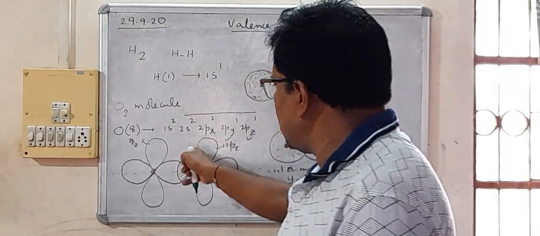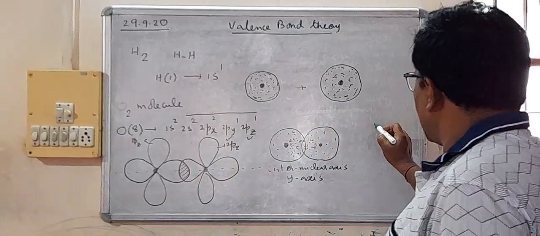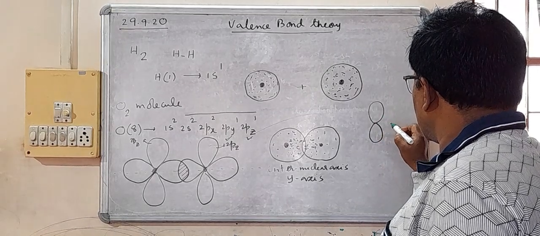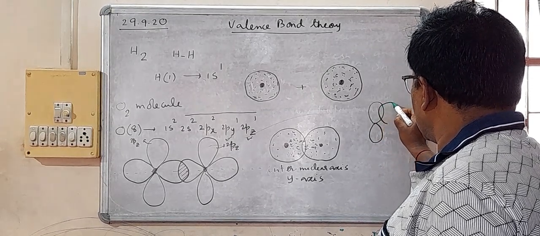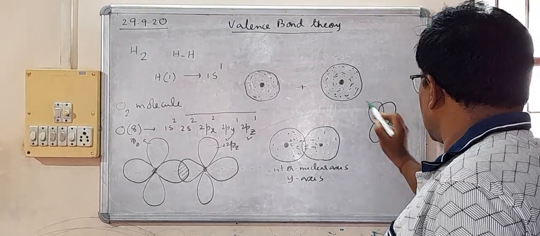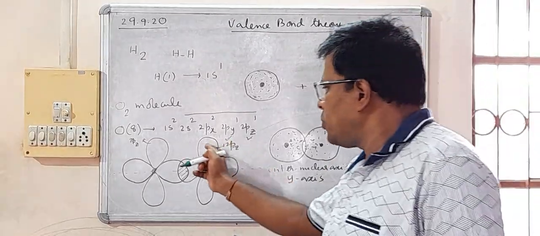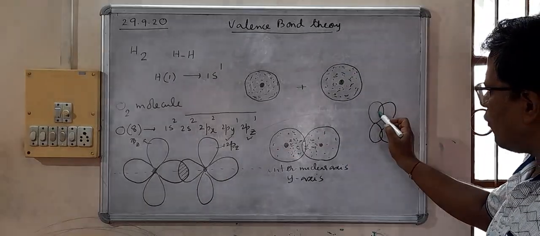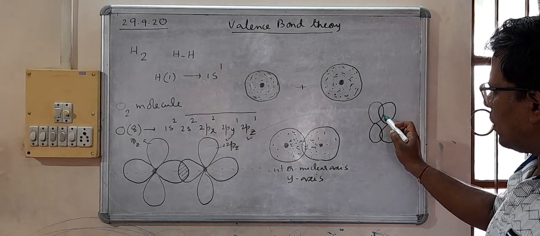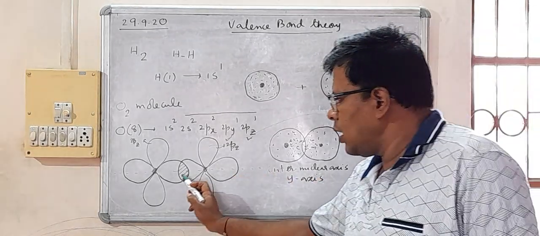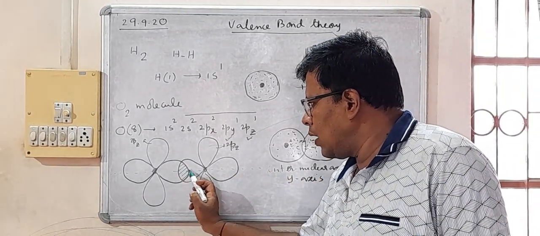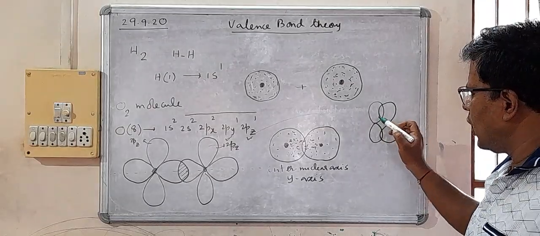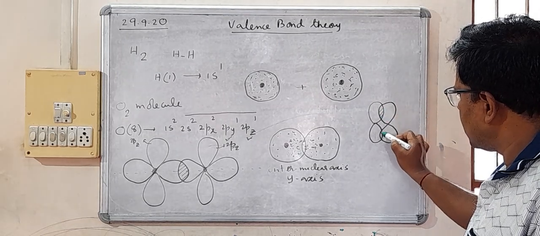Actually, these two p orbitals are like this, and you see they have overlapped, but overlapping here and overlapping here is different. This is head-on overlap, and this is called sidewise or lateral overlap. So this is the overlapping region.